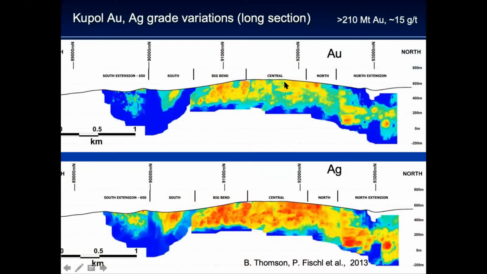Now, it outcropped at the surface with very high grades of gold, up to 20 grams per ton. This long section also shows the high grades of silver. But to the north, we see that the gold and silver has been offset to greater depths.